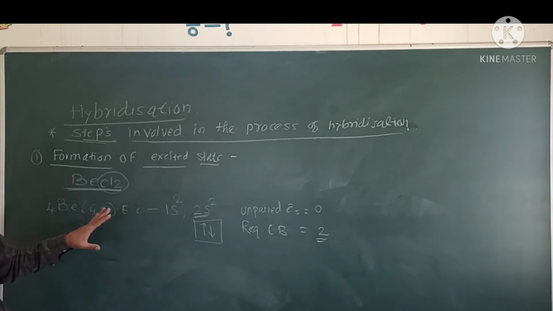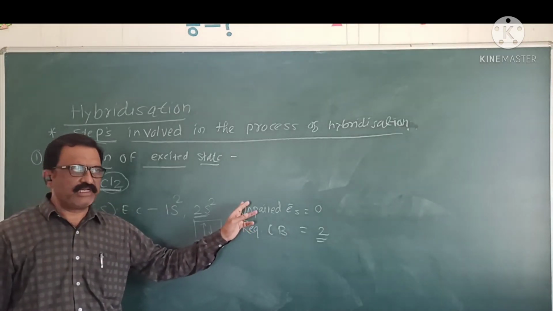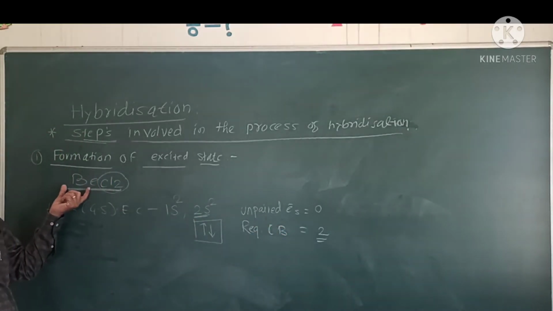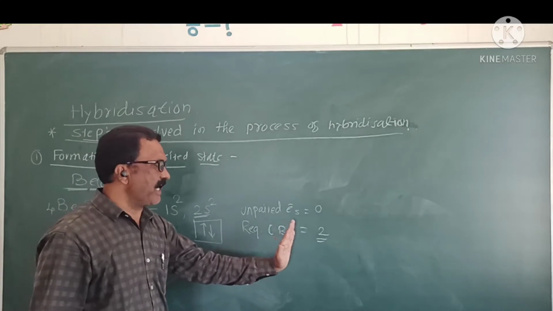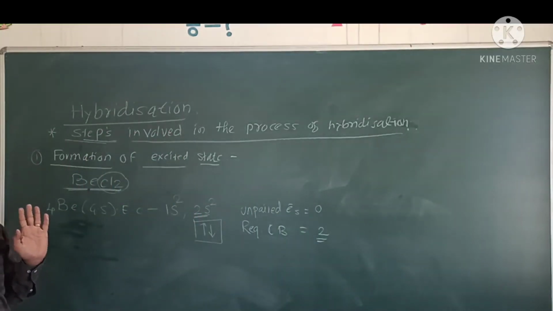According to VBT, the valence is equal to the number of unpaired electrons. Here, the valence is 0 according to VBT, but in actual practice, the BeCl2 molecule can form 2 covalent bonds with 2 chlorine atoms.